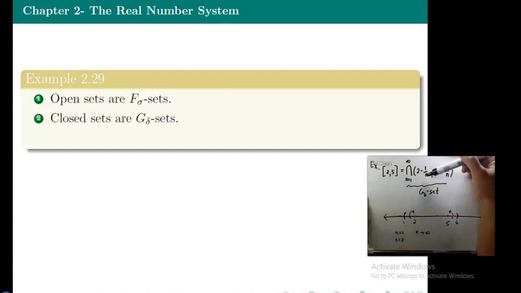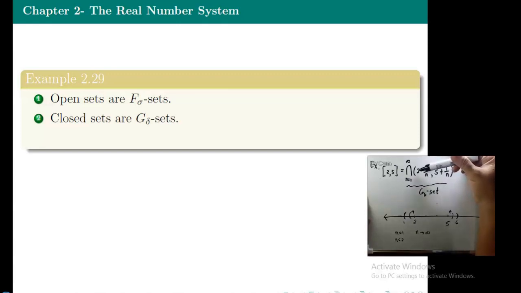Take note that 1/n, as n approaches infinity, also approaches 0, but it will not be equal to 0.